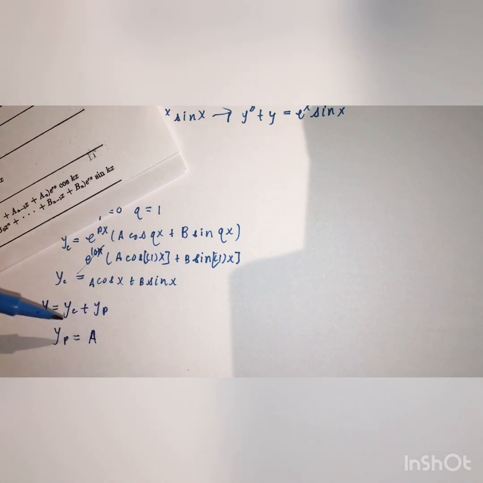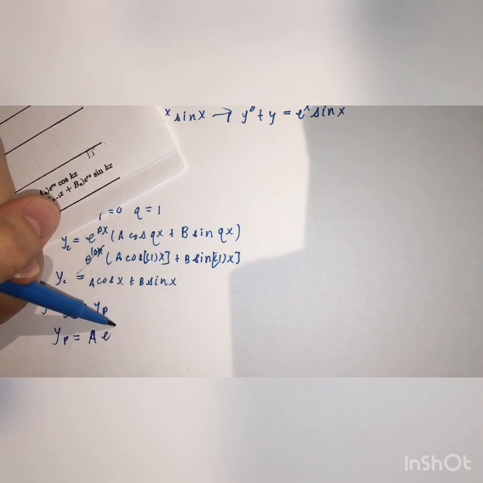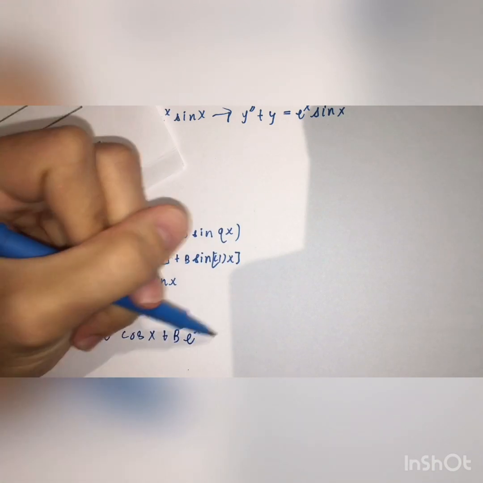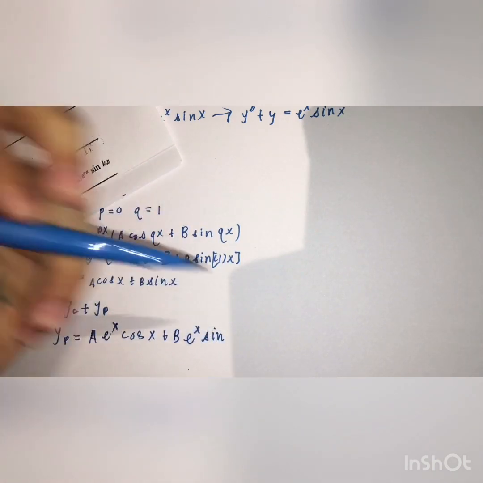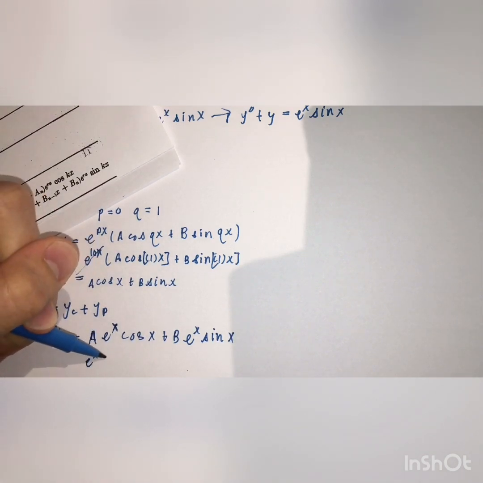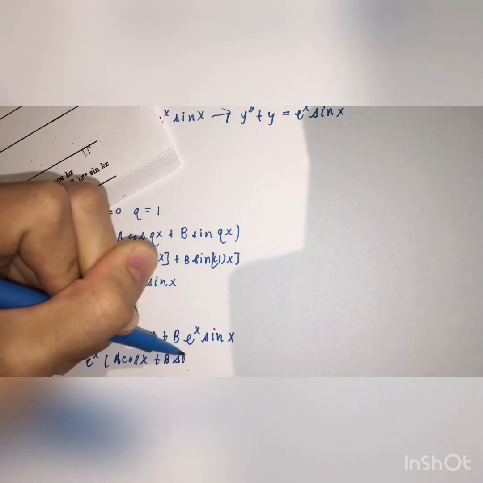A e to the x, since our r is 1, we just leave it e to the x, cosine, and since our k is 1, we'll just leave it as x, plus b e to the x, because our r is 1 still, and our k is still 1, sine of x. And then I'm going to factor out this e to the x. We'll have a cosine x plus b sine of x.